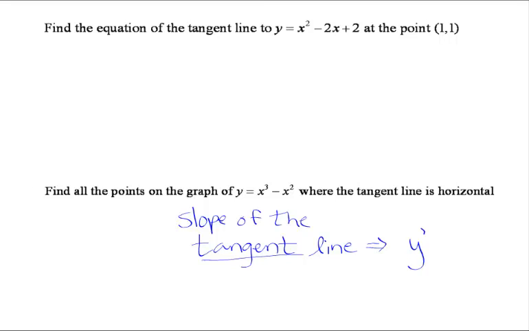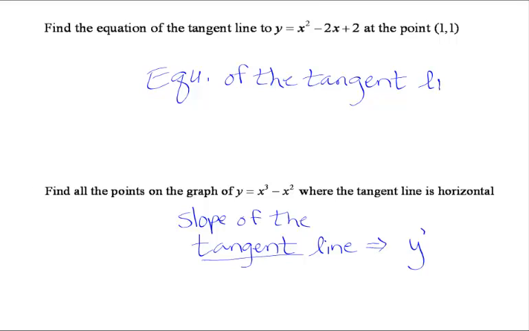So for us, the equation of the tangent line will always involve this work. We are always going to use the point-slope form for the equation of a line.